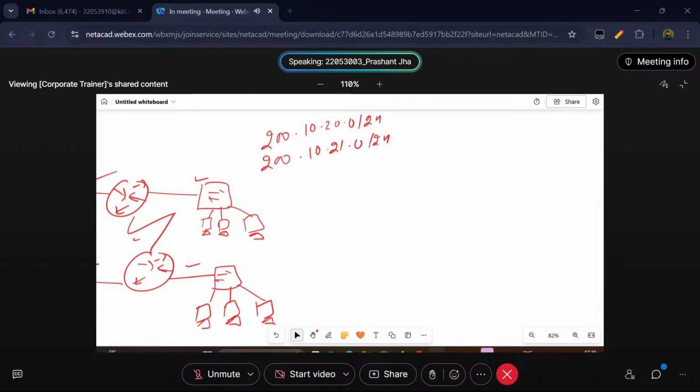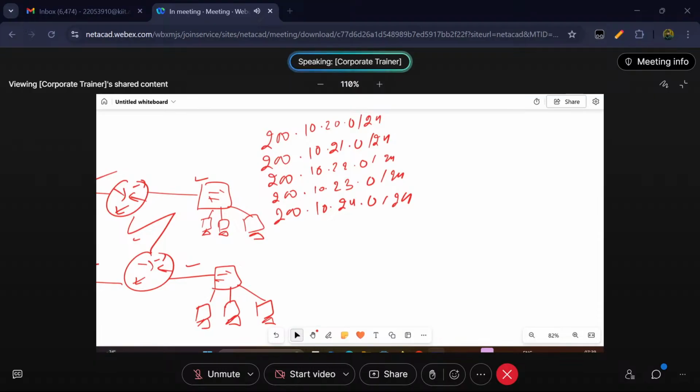Class C. Okay. 200.10.22.0. 200.10.23.0. How many IPs? 1, 2, 3, 4. One more, just write down: 200.10.24.0. So all are from the class C IP I have used. And these are my 5 network IDs, which I have written over there.